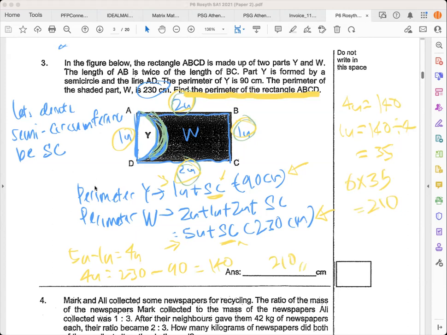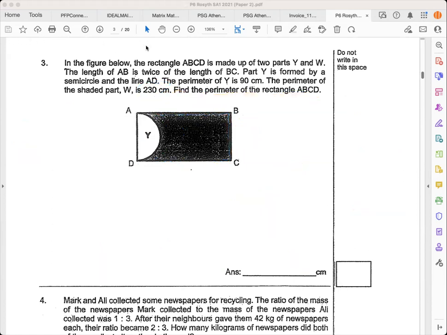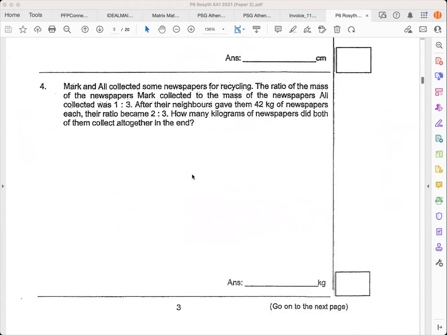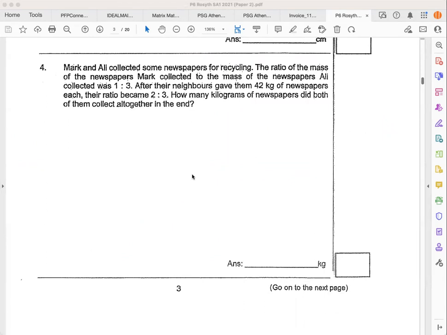Let's continue with question number 4. Mark and Ali collected some newspaper for recycling.